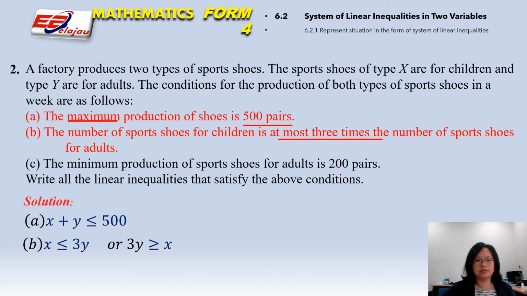Condition C. The minimum production of sports shoes for adults is 200 pairs. Well, the shoes for adults are represented by variable y. It is always greater than 200 pairs. So we can write it as y is greater than or equal to 200 pairs.